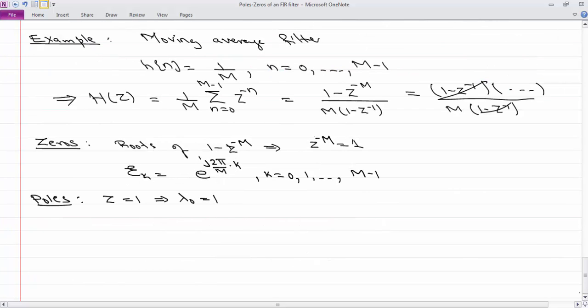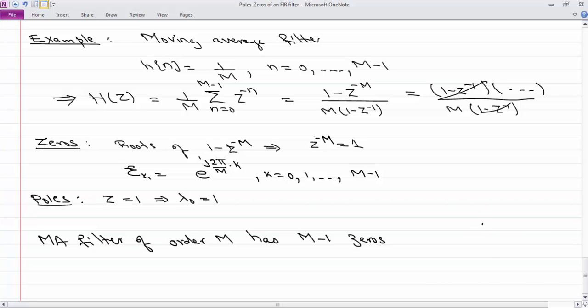So in reality, this moving average filter of order m has m minus 1 zeros, okay, and those zeros are separated by 2 pi over m except at around 0.